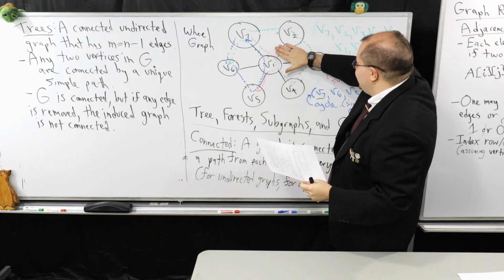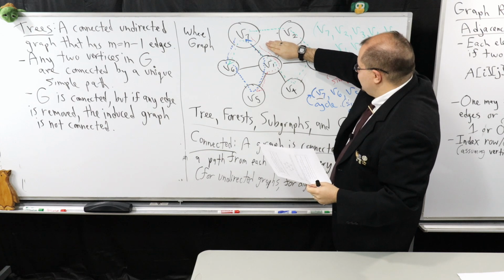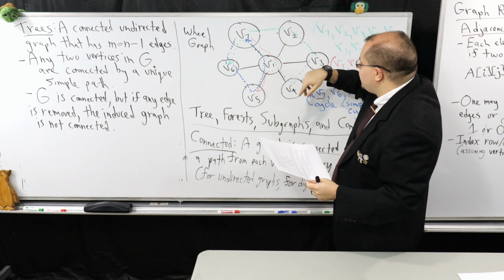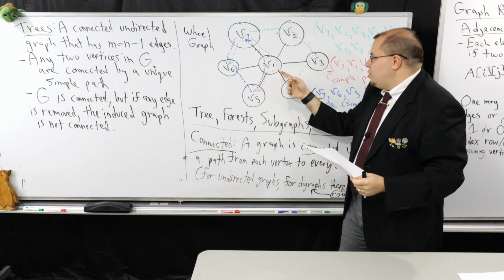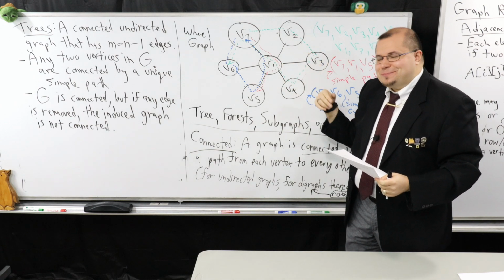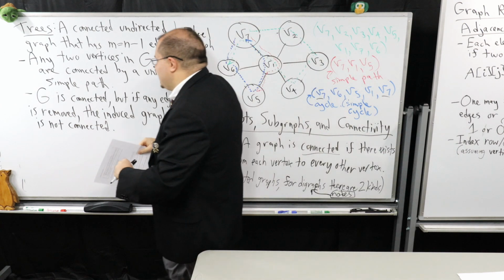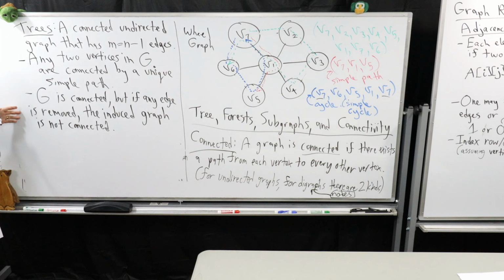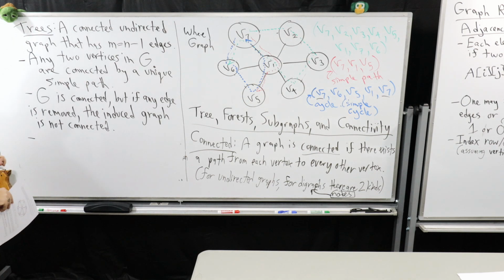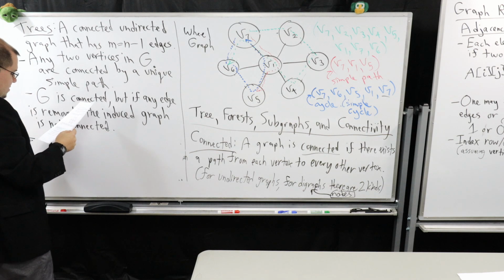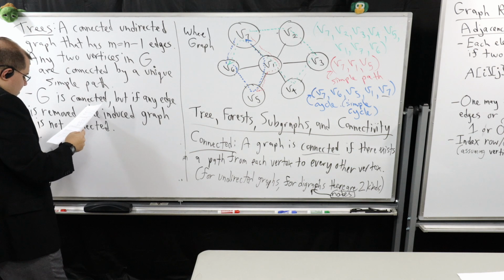So for example, if I get rid of this edge right here, say the one from V1 to V2, notice that there is no way I can reach V2, right? So this is another way you can define what a tree is. So G is connected, but if any edge is removed, the induced graph is not connected. Okay.